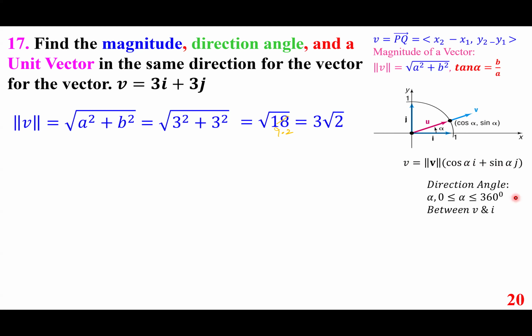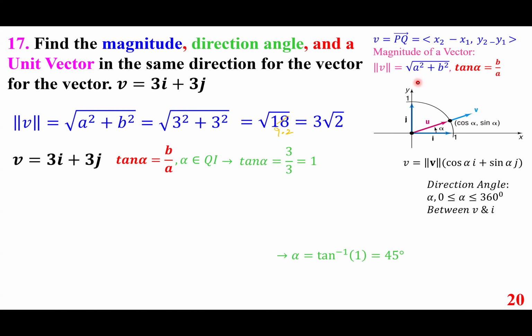And the direction angle, between 0 and 360, is between the vector and the positive side of the x-axis. On the other hand, this is the y-axis, this is the j-axis. So b over a is 3 over 3, and it's important to know it's in the first quadrant. That gives us 45 degrees.